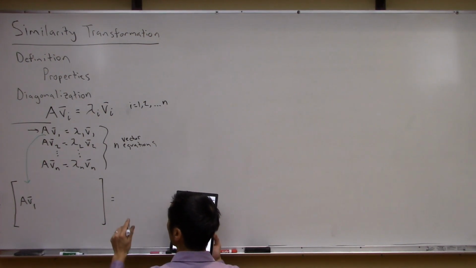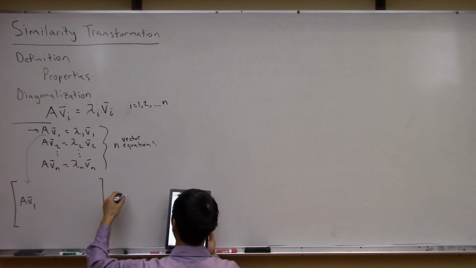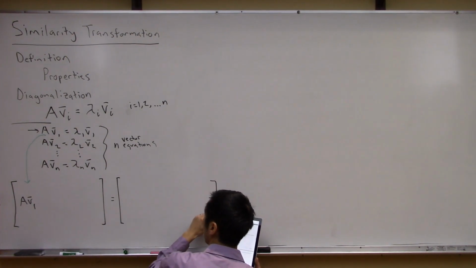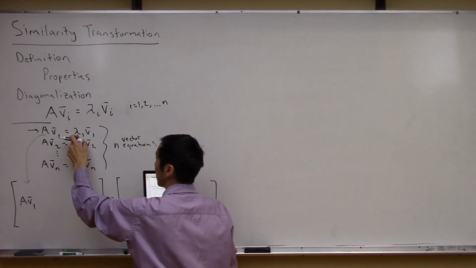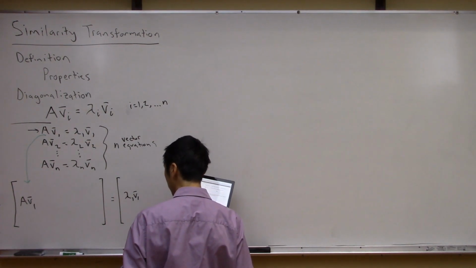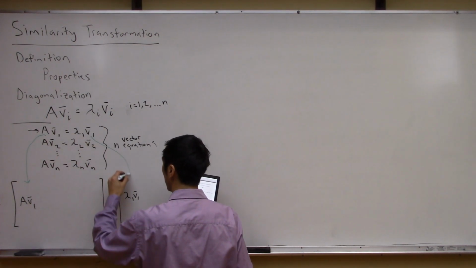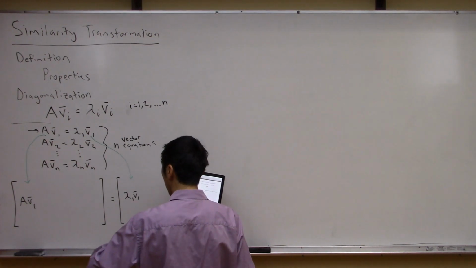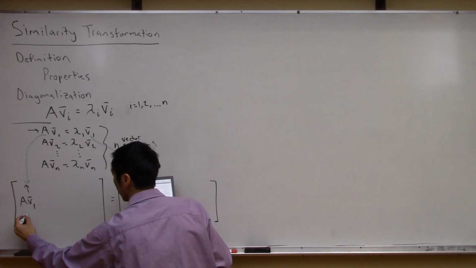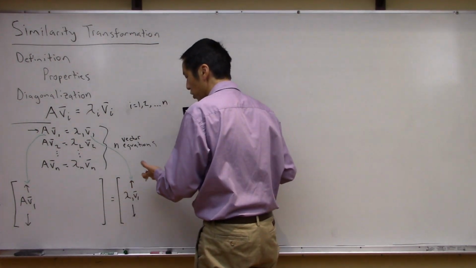This is equal to another vector over here. The right-hand side is lambda 1 V1. Would everyone agree? That's the same thing. I'm basically just taking this part and putting it over here. You can think about these as vectors if that's helpful. So I haven't rewritten anything, I've just stacked it up.